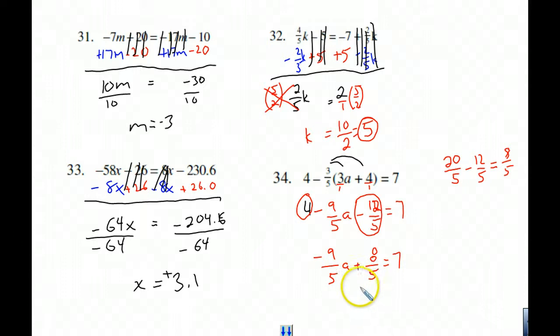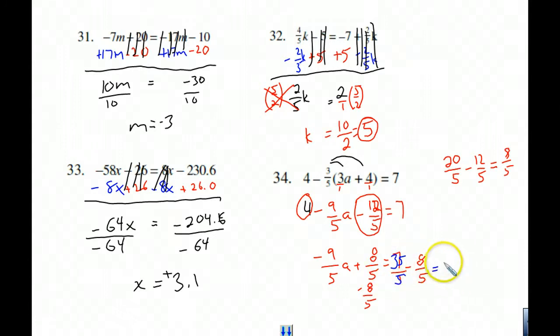To solve this, you need to subtract 8/5 on both sides. Subtract 8/5 on both sides. I'll make this 7 over 1. So 7 is the same as, let's see here, what divided by 5 would equal 7? So I think that's going to be 35 over 5 is going to equal 7.